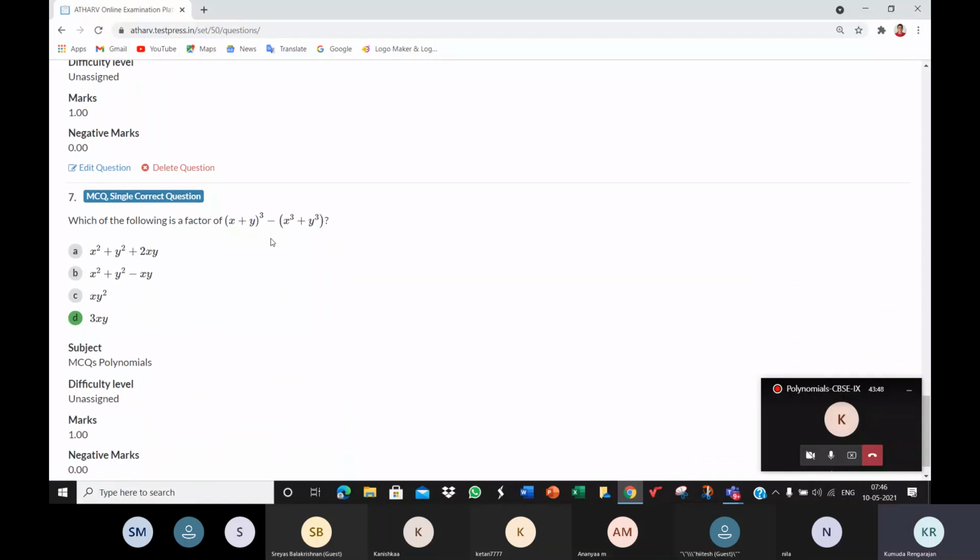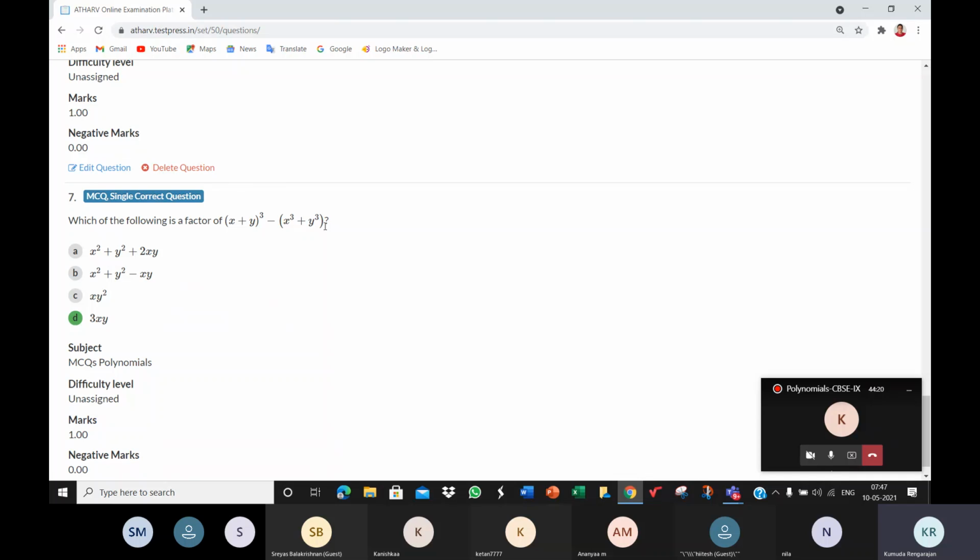Work this, children. Which of the following is a factor of this one? So start working. Let's expand x plus y the whole cube. That will be x cubed plus y cubed plus 3x square y plus 3xy square. I've expanded the first part. Then we have minus x cubed plus y cubed.